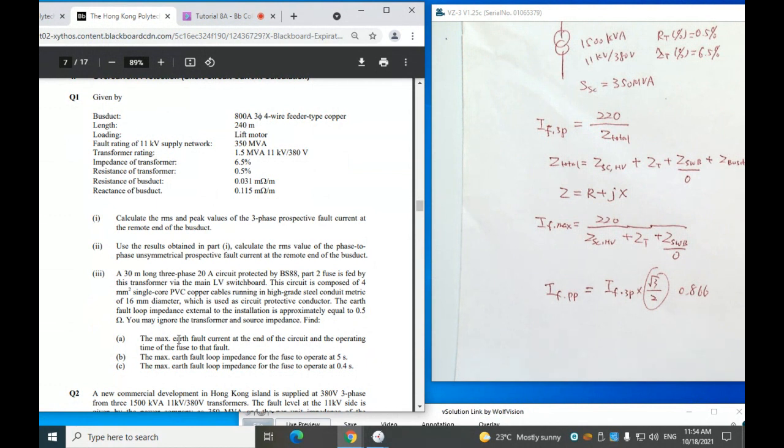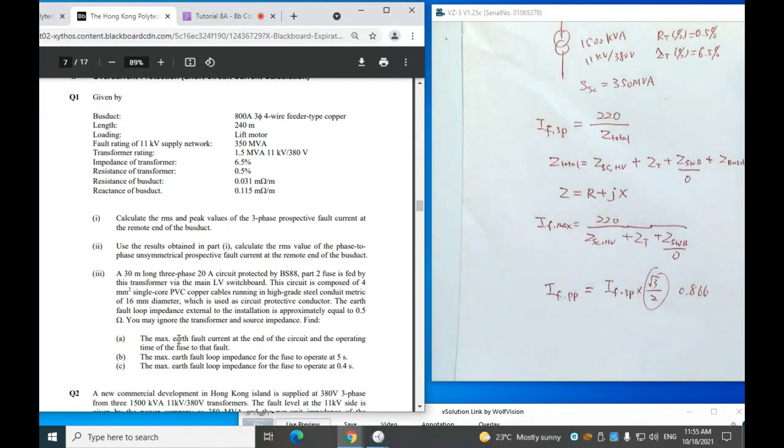This is supplied from the transformer by the LV switchboard, and the circuit is composed of 4 mm² single core PVC cables running in 16 mm diameter high-grade steel conduit. So the single core cable in the conduit, and this conduit is used as a protective conductor. The earth fault loop impedance external to the electrical installation is approximately equal to 0.5 ohm, and you can ignore other small parts.